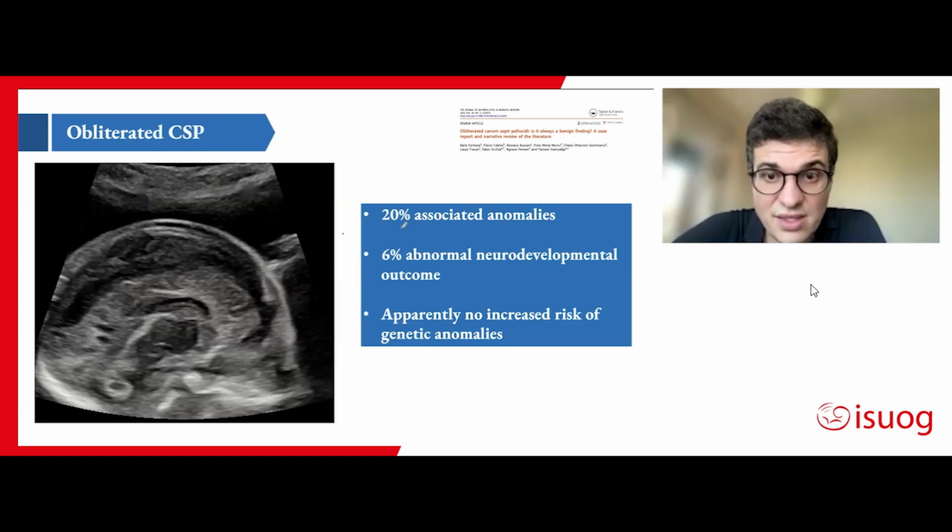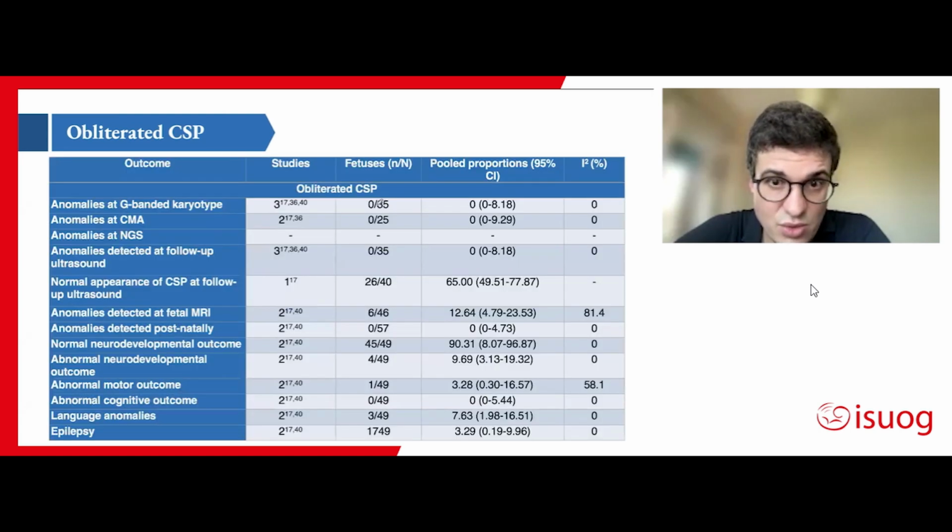There are very few studies which reported a, I would say, incredibly high rate of associated anomalies, abnormal neurodevelopmental outcomes in 6 to 7% of cases. Apparently, this condition is associated with a very low risk of genetic anomalies, and we also went through these anomalies in our meta-analysis. Can you see how few cases we have? And the risk of genetic anomalies was very negligible.